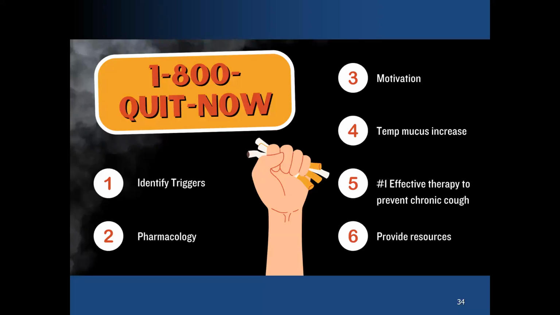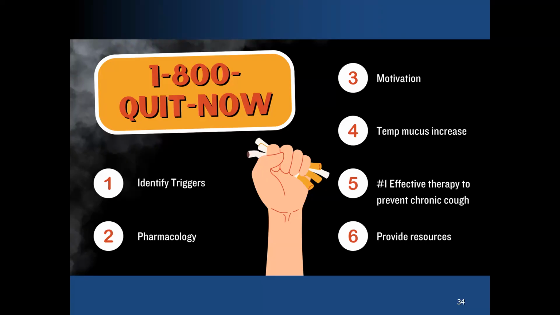Non-nicotine medications like bupropion reduce cravings and withdrawal. Motivational techniques focus on personalized benefits, better breathing, saving money, protecting family, etc. Importantly, after quitting, they should expect a temporary increase in cough and mucus production as their lungs clear.